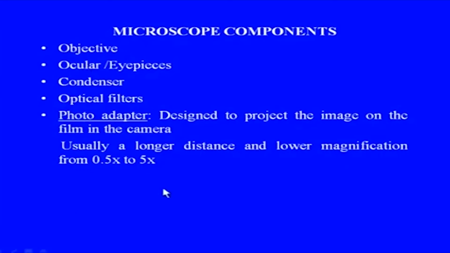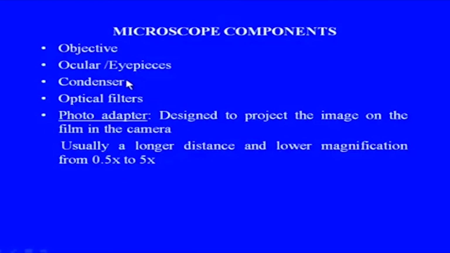Then the condenser lens is part of the illumination system, and it focuses a fine beam of light onto the specimen in a very small cone, and we will see what kinds of illumination systems are available. If you recall, in history we told you there is Kohler illumination. So, there is Kohler illumination and there is critical illumination, and we will discuss that.